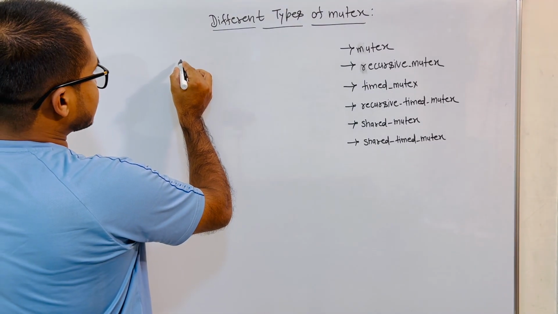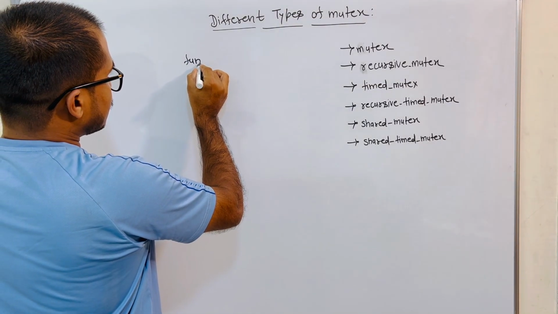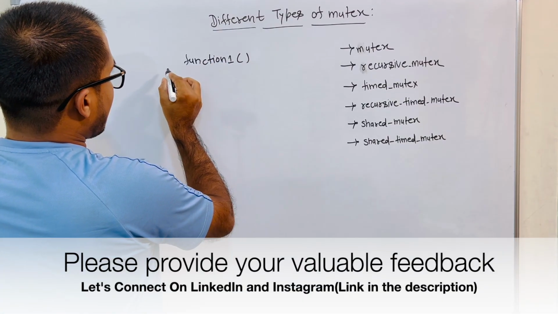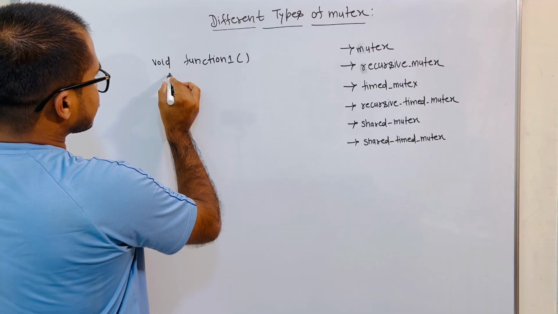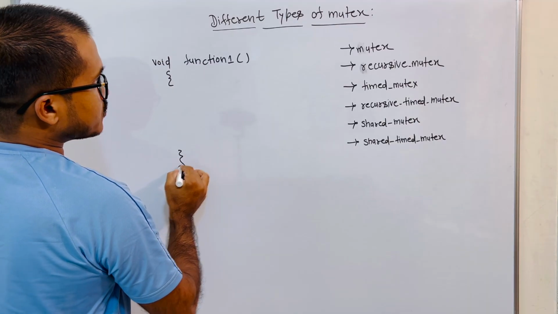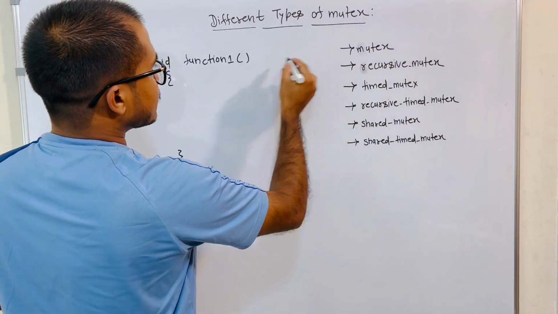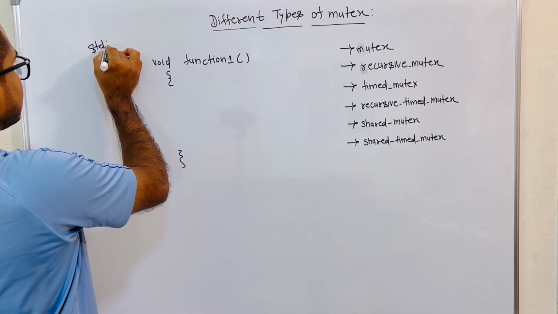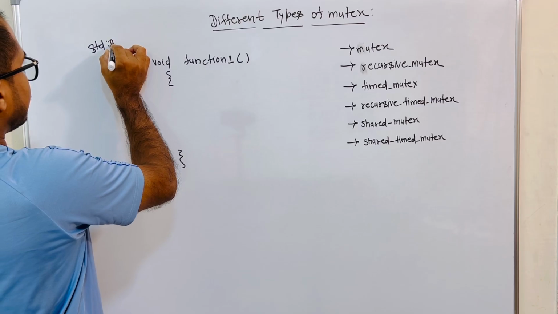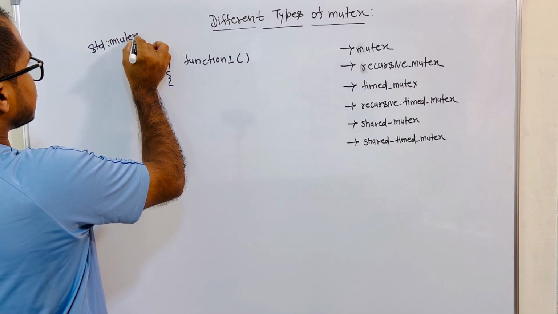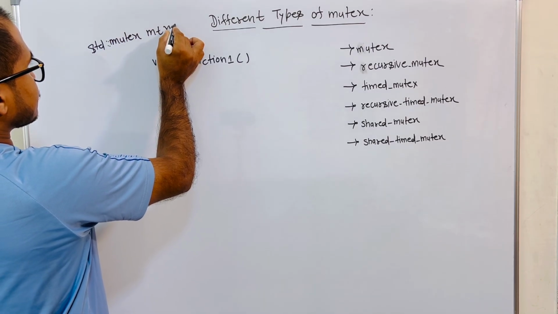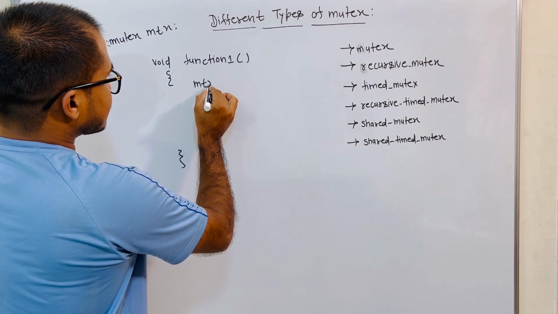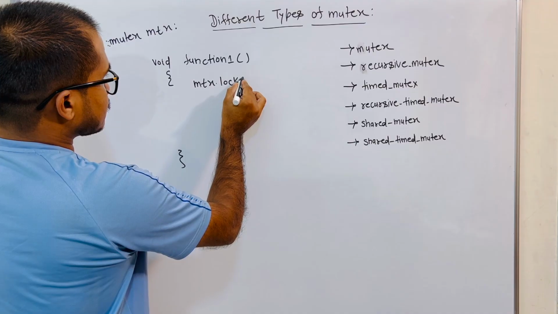Let's say this is a function, function 1, and inside this function I am using a mutex. Let's say std::mutex mtx, and I am locking this mutex with mtx.lock.